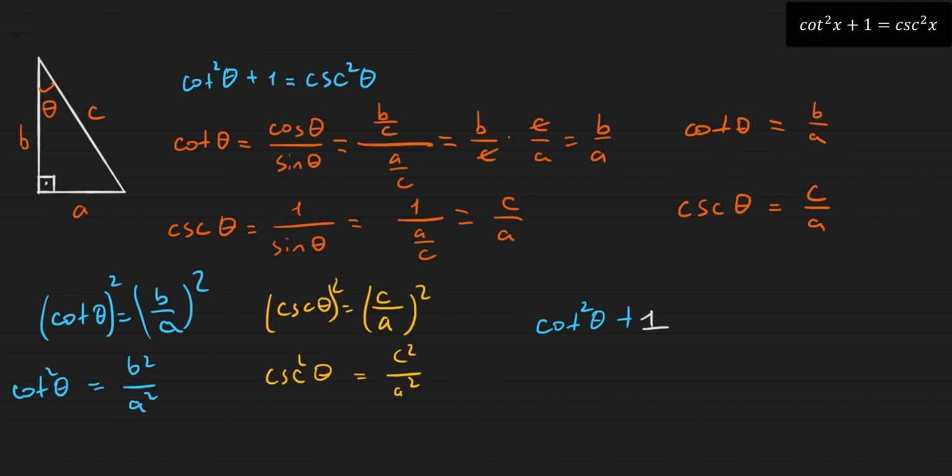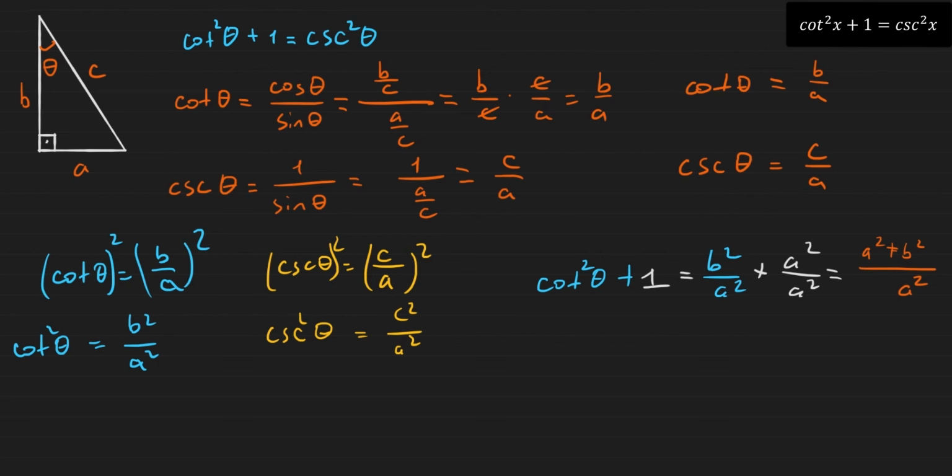We know that cotangent theta squared is B squared over A squared from here. And instead of 1, we can write A squared over A squared, because it's just 1. If we add them up, the denominator is going to be A squared, and the numerator is going to be A squared plus B squared.